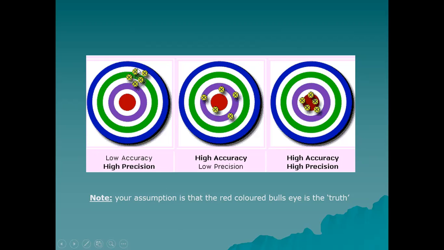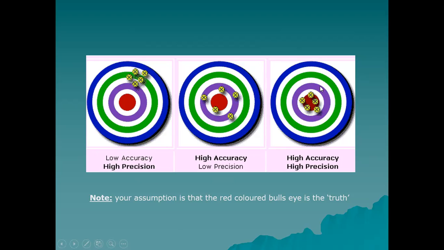So if our dots are clustered in this area, it is an indication that we have high precision, right? Because the values are located close to each other in terms of location. However, we have missed the point. We missed our goal right here. So they are far away from the truth or the true location, which is here. Hence the reason we describe this as having low accuracy and high precision.